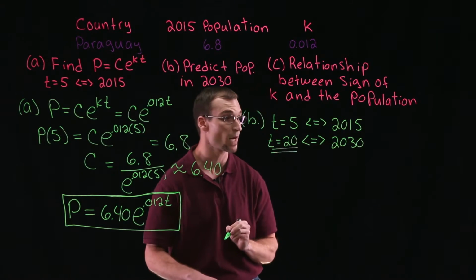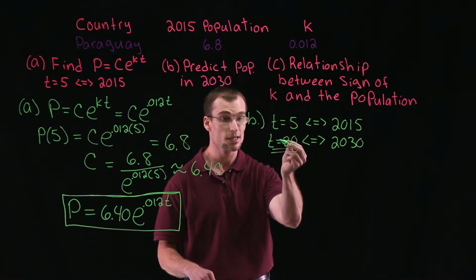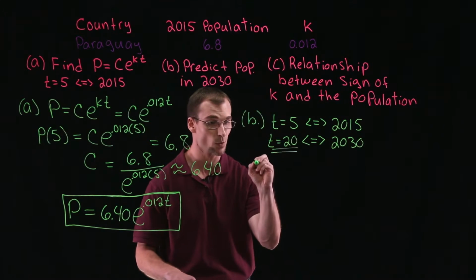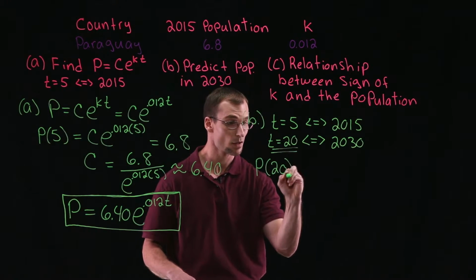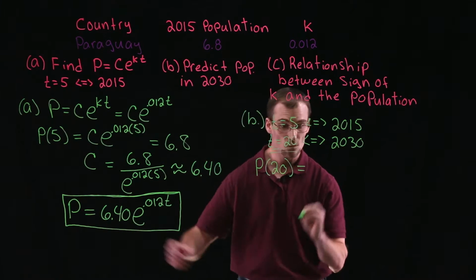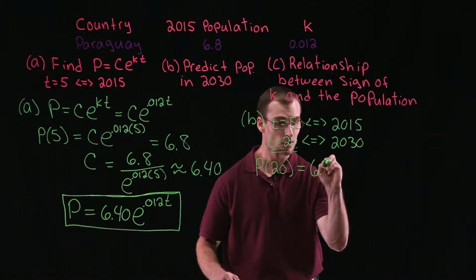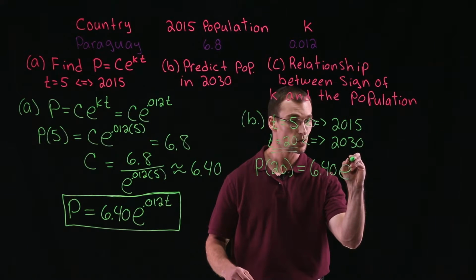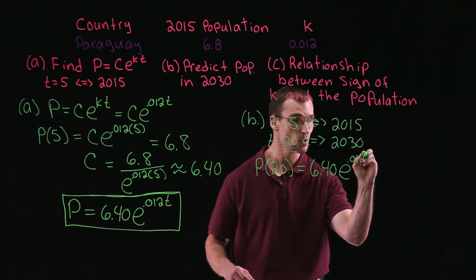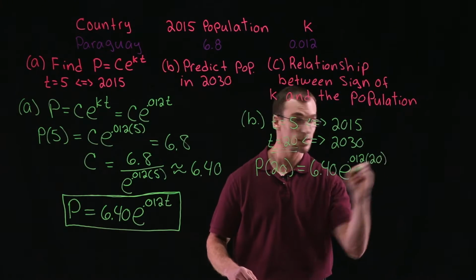So wanting to know the population in 2030 is equivalent to just plugging the value of t equal to 20 into our model. So P of 20 is equal to 6.40 times e to the 0.012 times 20.